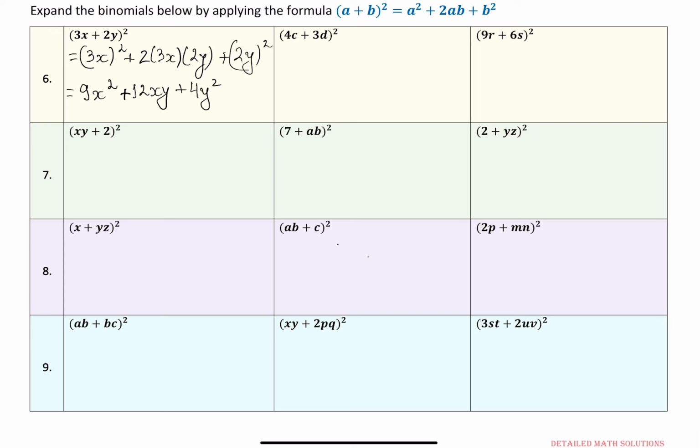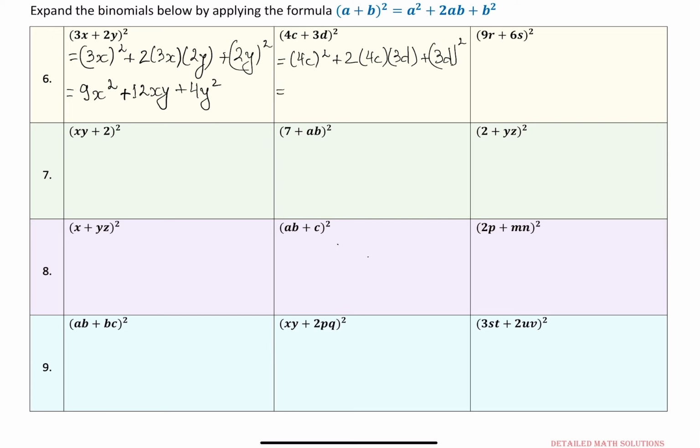Next exercise, (4c plus 3d) squared. This equals, applying the formula again, first term squared, (4c) squared, plus 2 times first term, 4c, multiplied by second term, 3d, plus second term squared, (3d) squared.